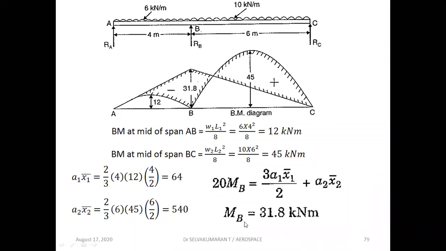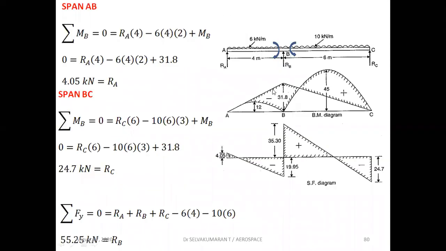Now with this MB, we will try to calculate RA, RB, RC, hence we can complete the shear force diagram also. Now in which direction is this MB acting? See here, when you take a support moment, it will act in a clockwise sense for AB, and for BC it will act in the anti-clockwise sense.